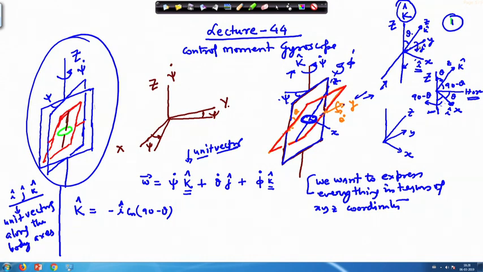Okay. Therefore, y axis is still remaining horizontal, x axis has got inclined and z axis has also got inclined. So, therefore, the unit vector along capital K can be written as minus i cap sin theta plus k cap cos theta.